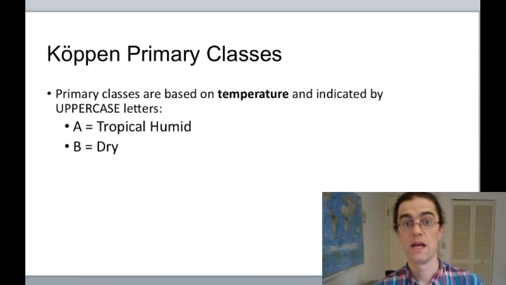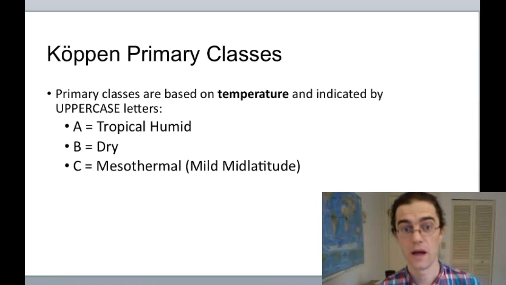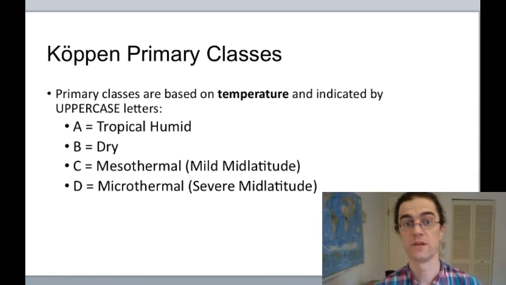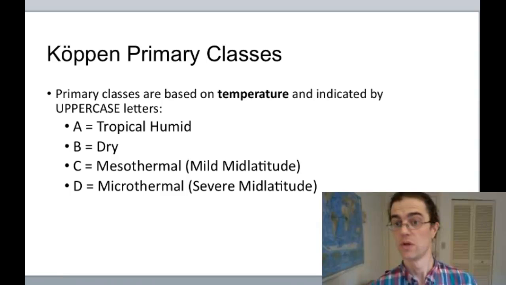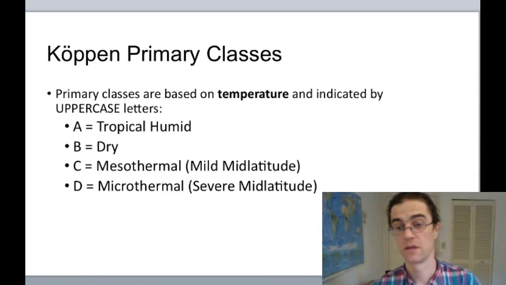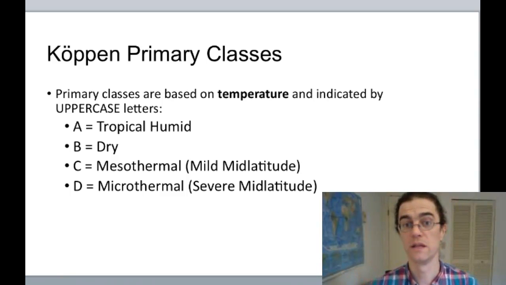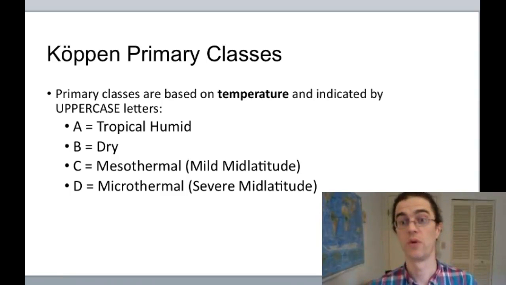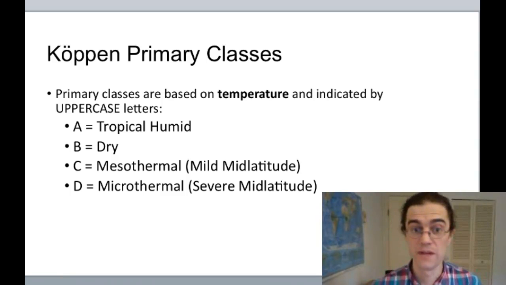So A for tropical humid, B for dry, C for mesothermal, or in other words, mild mid-latitude, microthermal being severe mid-latitude. Think of how elevation might be at the same latitude as somewhere else. You know, Everest in southern Florida, for instance, Mount Everest, being the same latitude, but drastically different temperature profiles. So meso and microthermal.